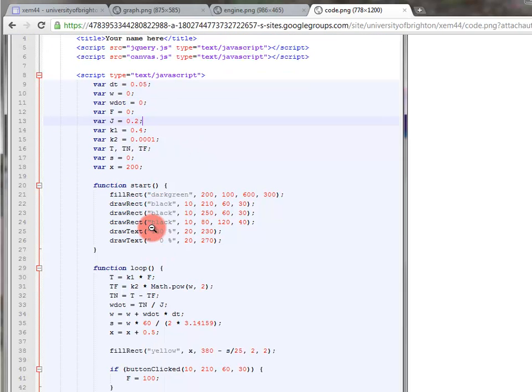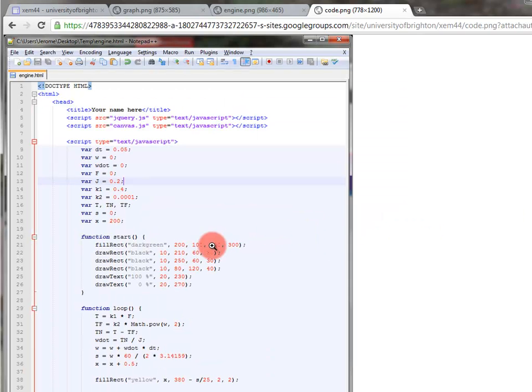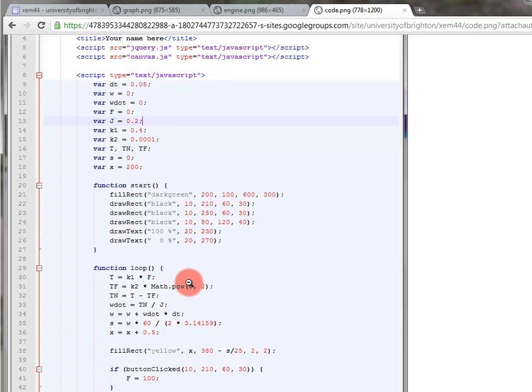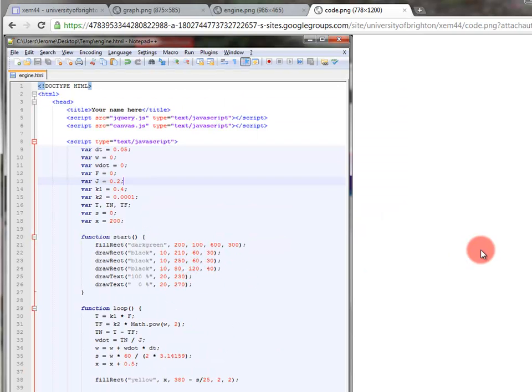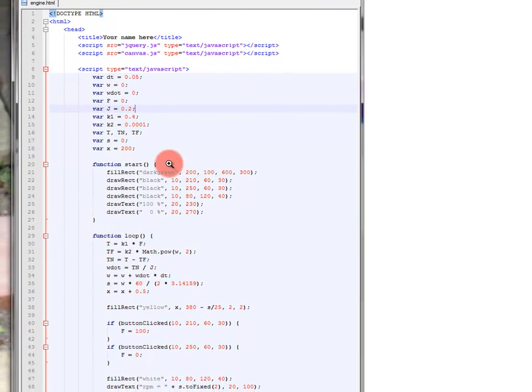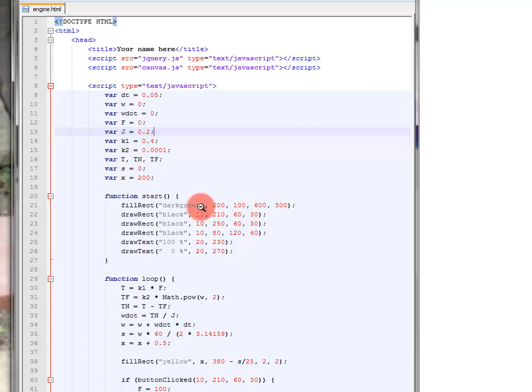So we've got two functions here, one is called start and the other one is called loop, and my web page should show both of them if I move this up a bit. So start happens once, we go in here, we draw a few rectangles on, and then that exits, and then the loop runs, and this runs every 50 milliseconds.